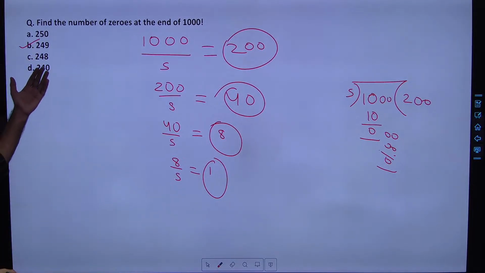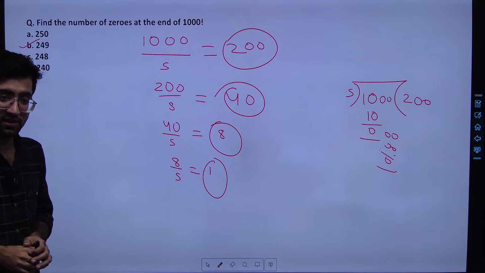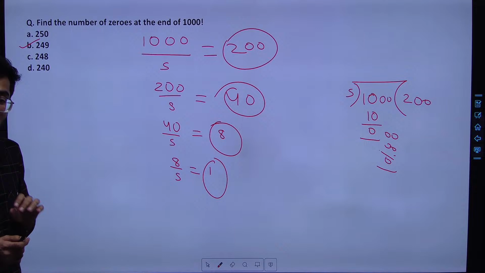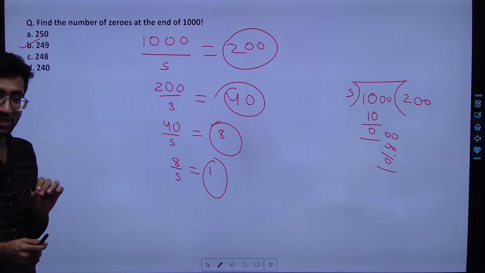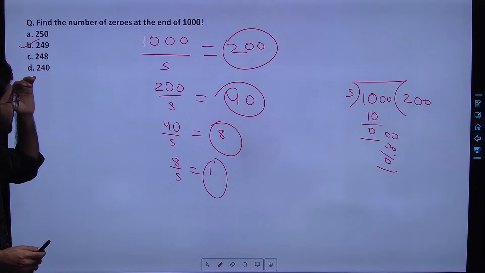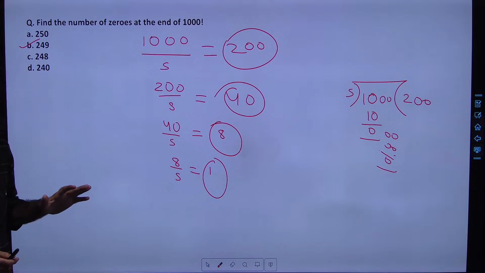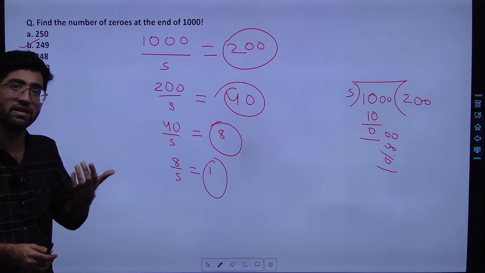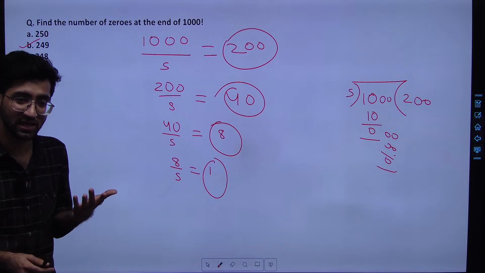See, the options are very close to each other, right? So in examination, if you get this kind of easier question, you don't have to make a mistake at any cost, right? Because you will have to solve these questions correctly. Out of those 80 questions, they definitely ask a few easier level questions, right?